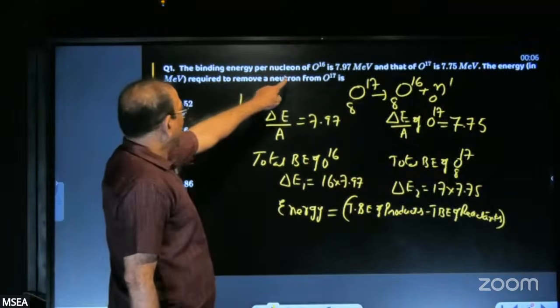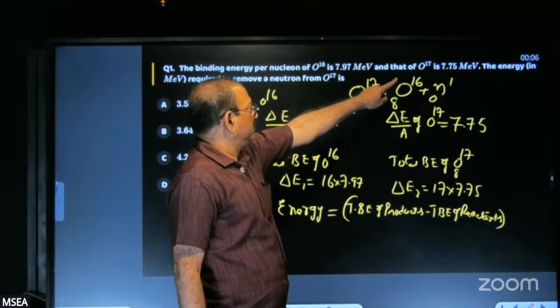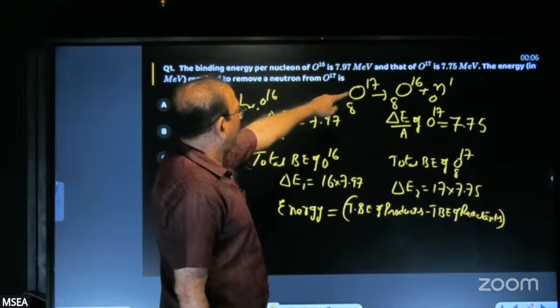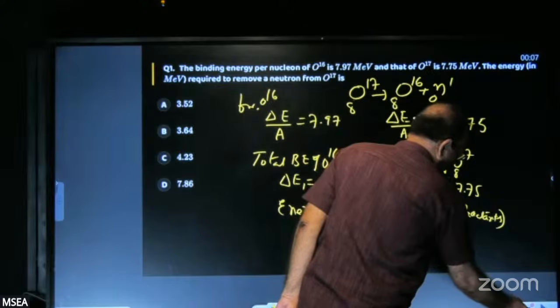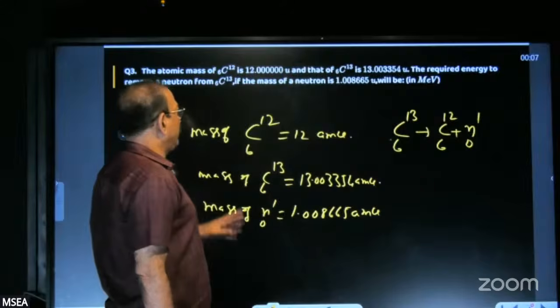Here, the binding energy of oxygen 16 and the binding energy of oxygen 17 are given. The energy required to remove a neutron from oxygen 17 is asked. It is a similar type of problem, but here mass is given, not binding energy.